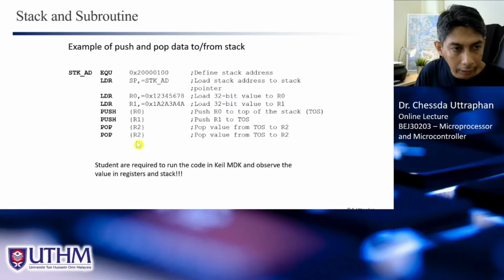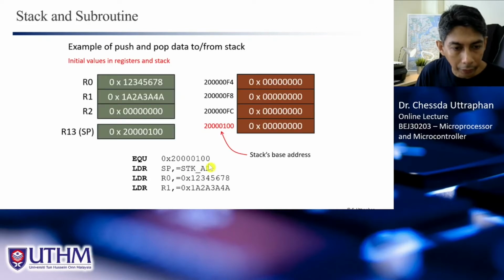Because we assign this value to STKADD using the EQU assembler directive. EQU is not an instruction set, remember, EQU is an assembly directive. So we assign this value to STKADD. When we use STKADD here, it means this value is put into SP. So when we execute this code, we will have this value in SP, right?